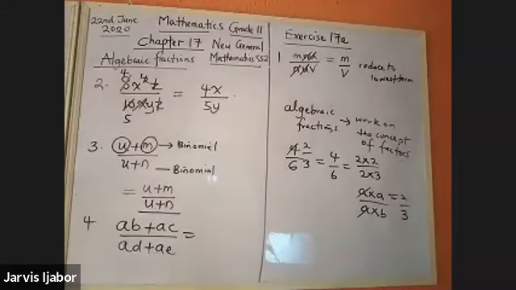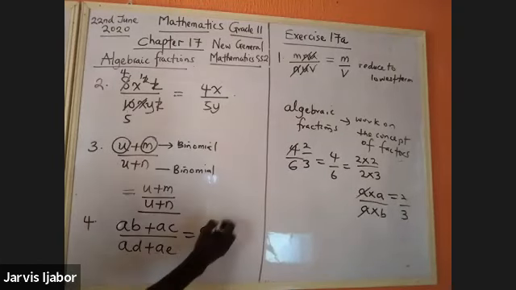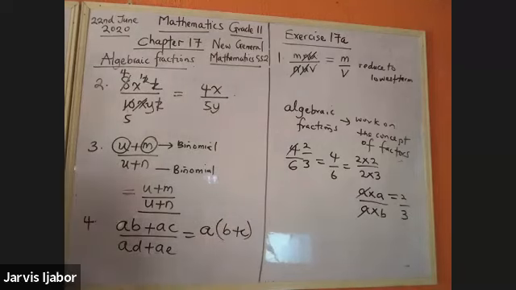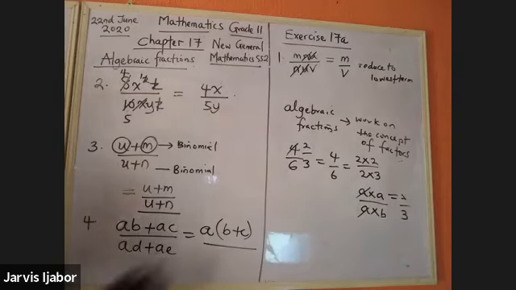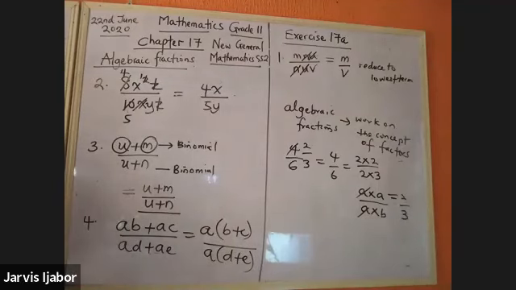If you look at this carefully, a is common to both. So I will factor a out and I'll be left with what? b plus c. Divided by, I will factor a out because a is common to each of the terms, and that will be a into what? d plus e.